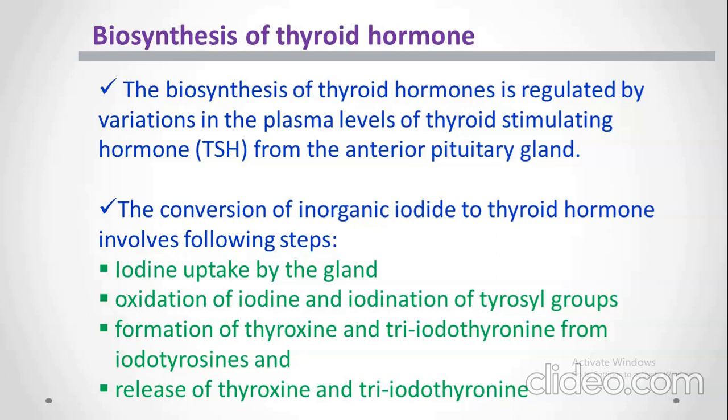Iodine is transported at the apical membrane into the follicular lumen by pendrin. The oxidation of iodide by hydroperoxidase forms active iodine.